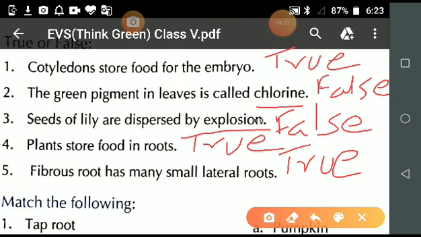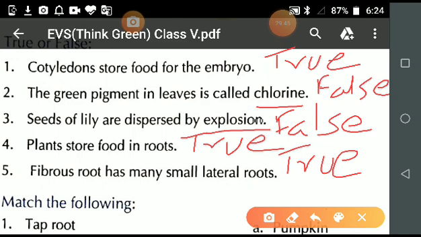How many types of roots are there? Name them. Yes, anybody can give the answer. Very good. Your answer is right. We have two types of roots: tap root and fibrous root. Note down the next question.